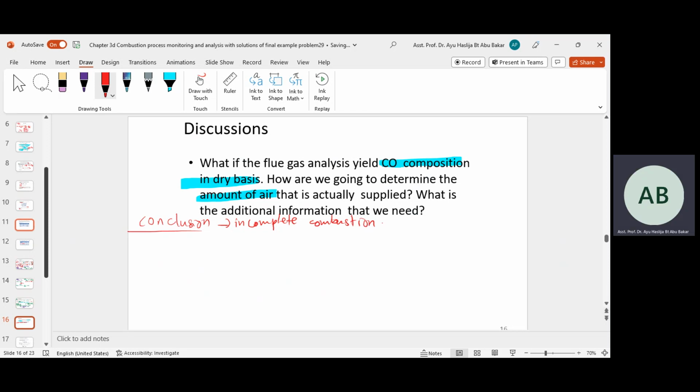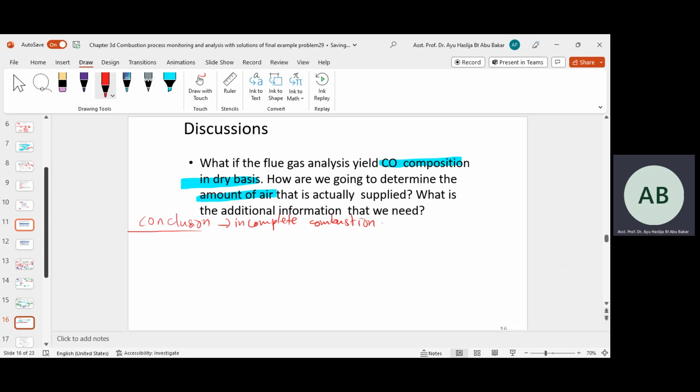So what is the cause of incomplete combustion?